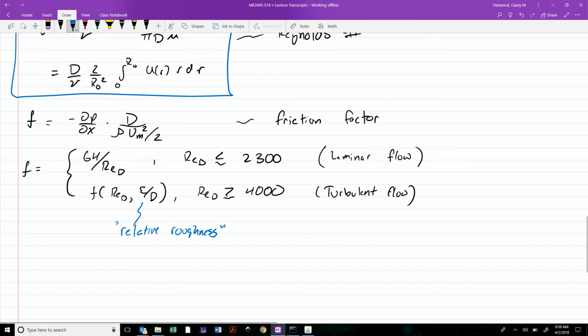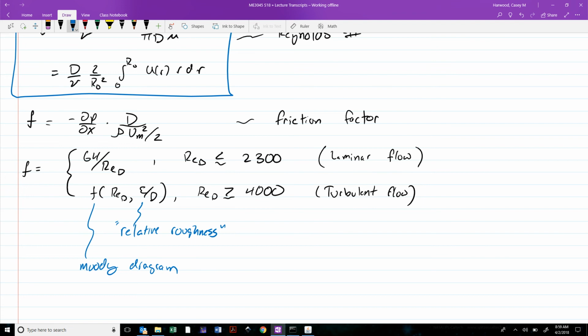And we get f in these cases from this thing we called the Moody diagram, which was this big graphical set of curves that had Reynolds number on one axis, a bunch of different curves for different relative roughness ratios, and then on the y-axis had the friction factor. We're going to be breaking out the Moody diagram again later in this chapter.